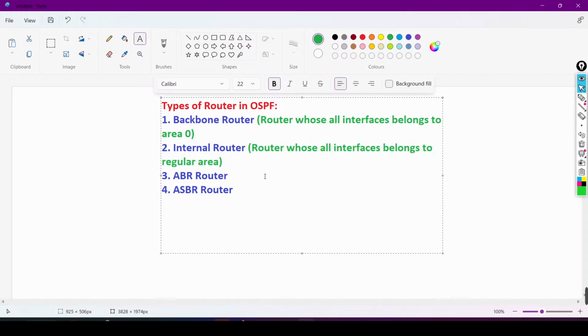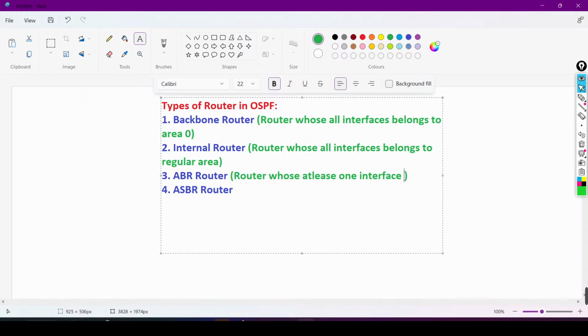Now, a router whose at least one interface belongs to area 0. Maybe there will be 2 interfaces in area 0 or multiple interfaces can be there, right? But I am saying at least one interface, means minimum one interface.